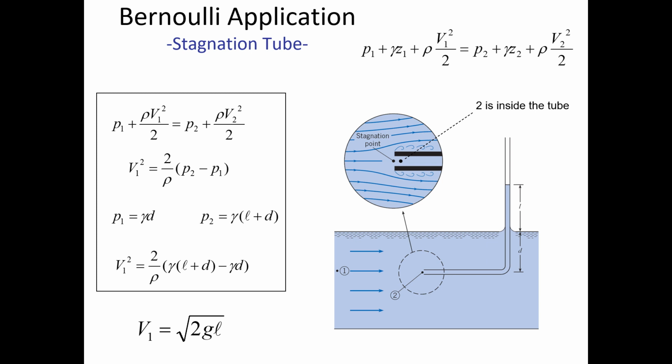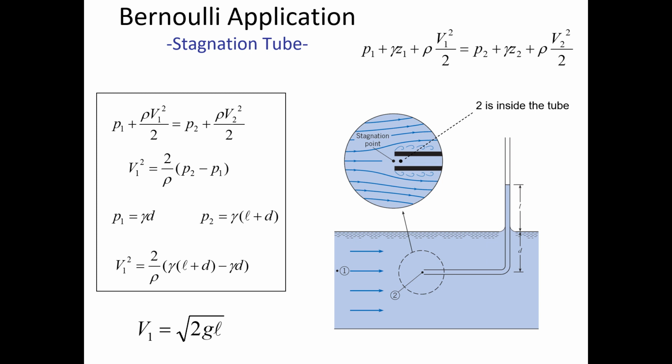we have a tank with an orifice in it and water's coming out. You can find the velocity at location 1 by knowing the depth, and then the velocity of the jet that goes out of the orifice is the square root of 2gh.